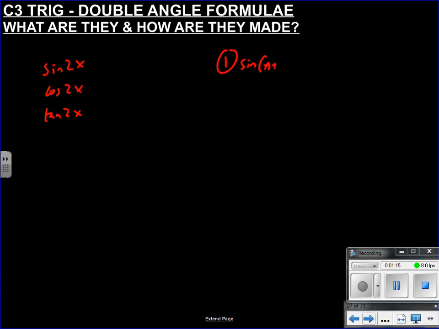Sine A plus B, as we know, is sine A cos B plus cos A sine B. So can we see that sine 2x, if we let A and B both be x, then x plus x gives us sine 2x?